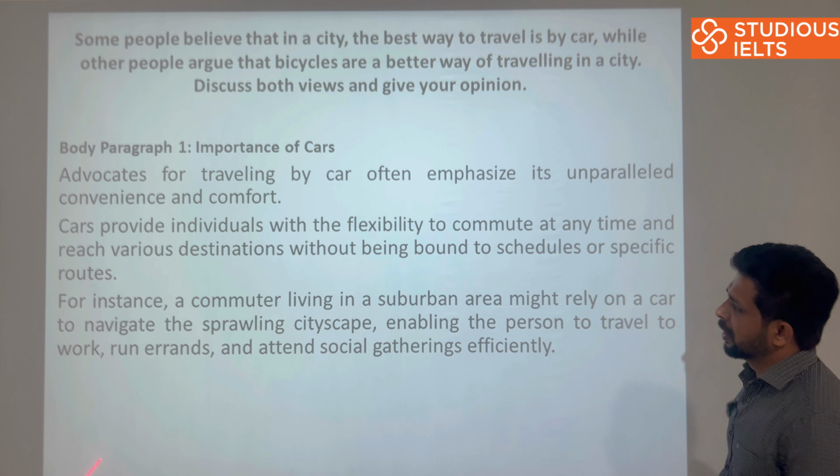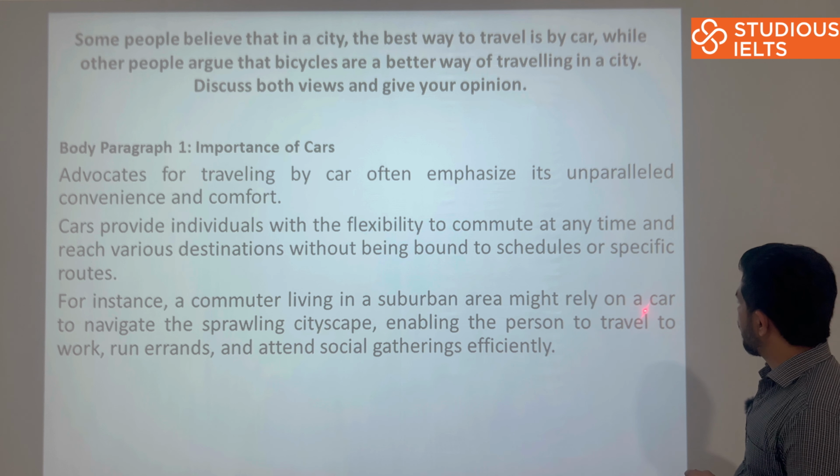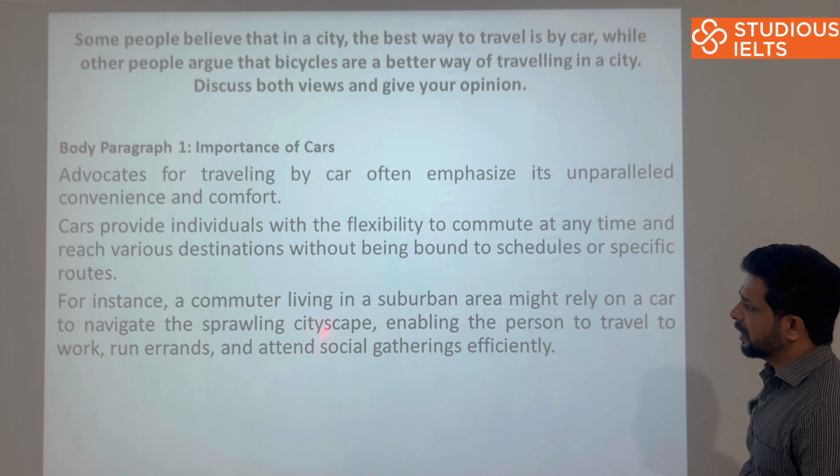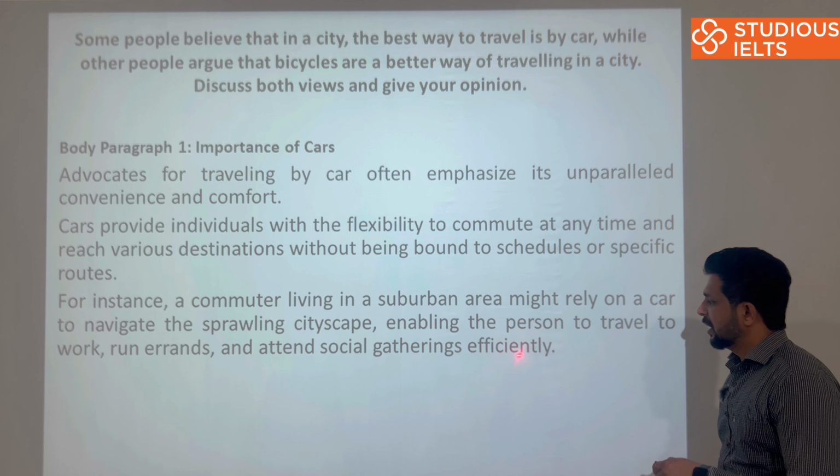By saying that, for instance, a commuter living in a suburban area might rely on a car to navigate the sprawling city space, enabling the person to travel to work, run errands, and attend social gatherings efficiently.